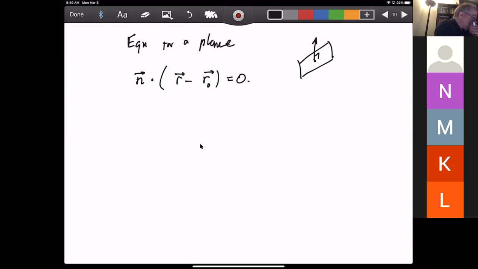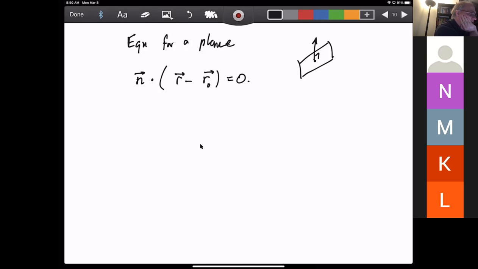So to get to any point on the plane, you can go to your base point and then find a vector that connects to any other point on the plane. All of those vectors connect to points in the plane, so they're parallel to the plane. And the normal vector has to be perpendicular to any of those.